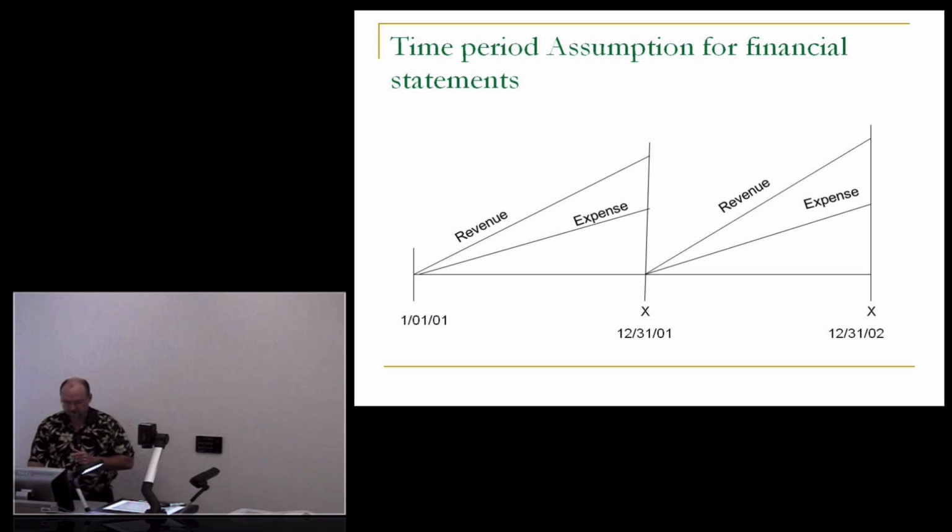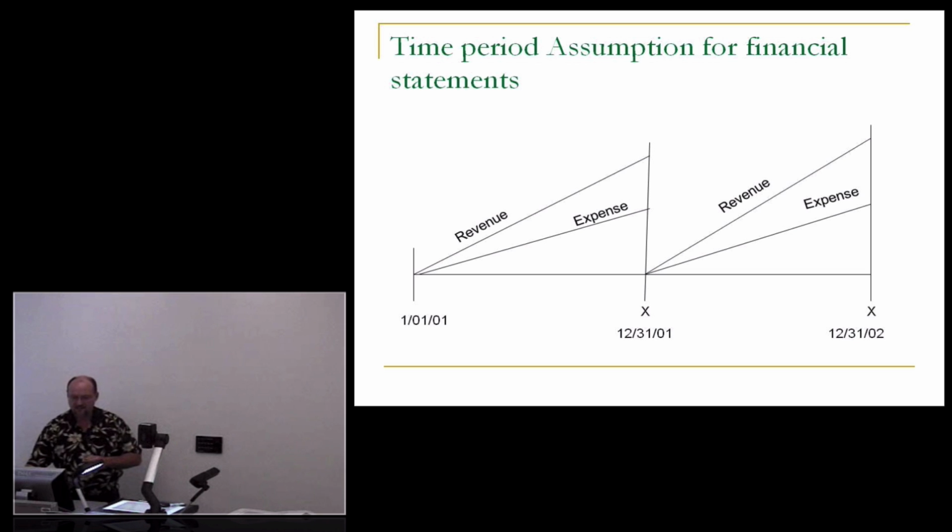So notice, the income statement, which is revenues minus expenses, and we're going to do an example on the board. We add up all the revenue for the entire year. Notice how the revenue keeps increasing throughout the year. On the graph, the vertical axis is your dollars, and the horizontal axis is time.